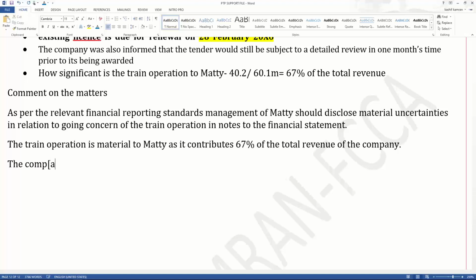The train operations is facing numerous uncertainties with regards to its foreseeable future.